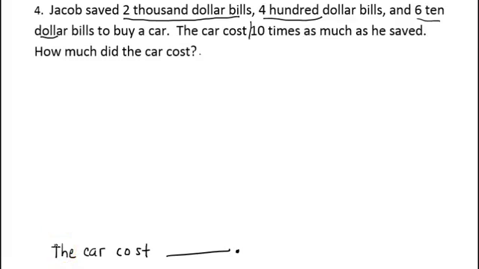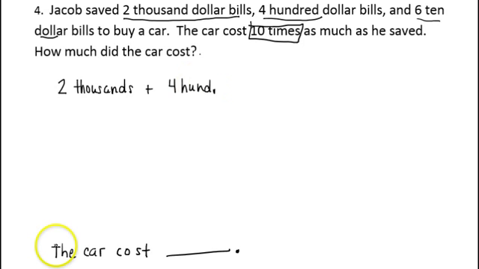Well, we know that Jacob saved $2,000 bills, 4 $100 bills, and 6 $10 bills for the car, but the car costs 10 times as much of each of those. That means we're going to take the 2,000s and the 400s and the 6 10s and multiply them all by 10 to give us the cost of the car.